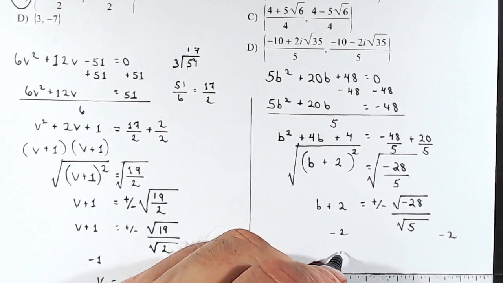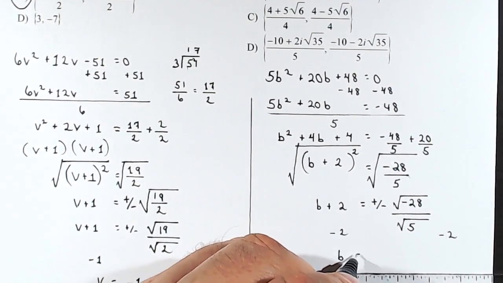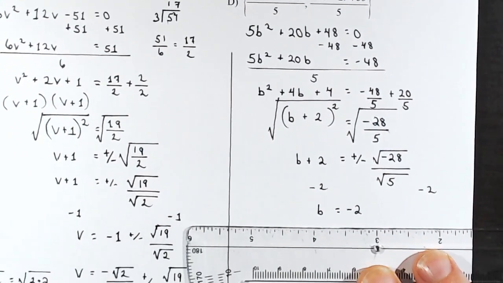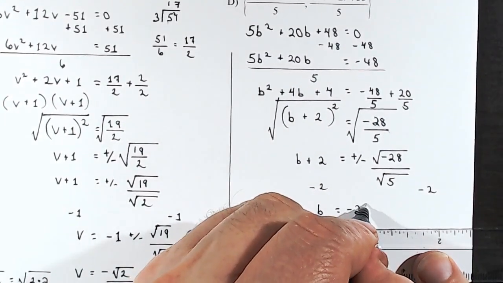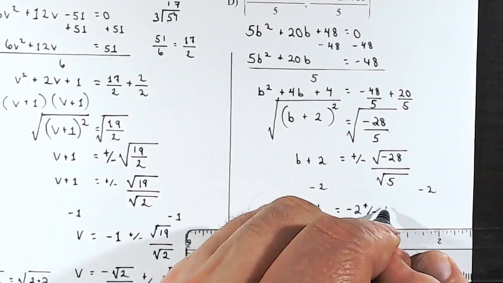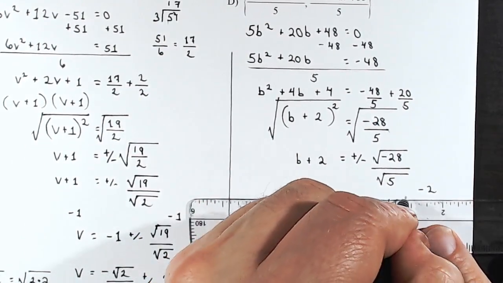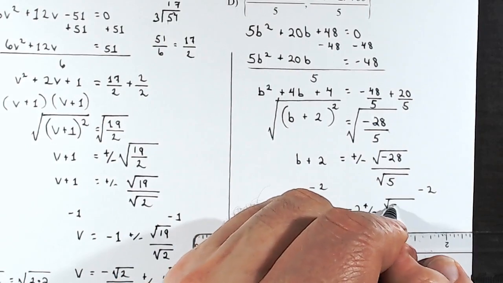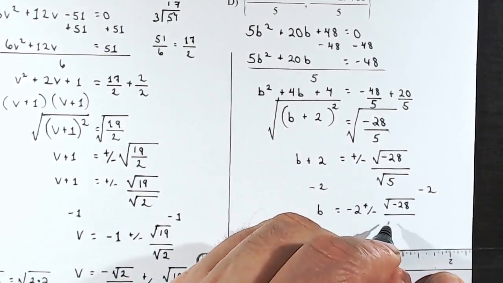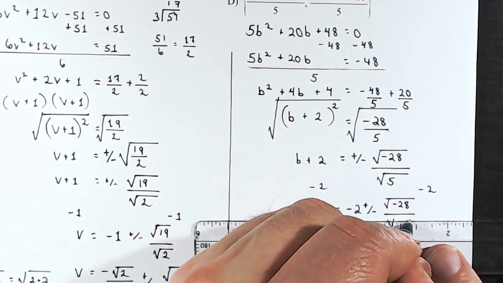Alrighty, so now I've got b equal to negative 2 plus or minus the square root of negative 28 over the square root of 5.